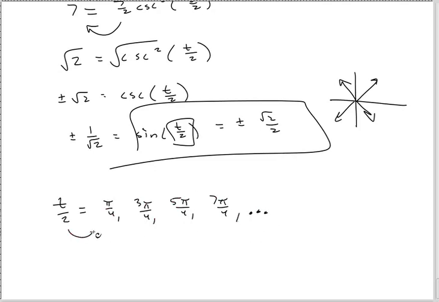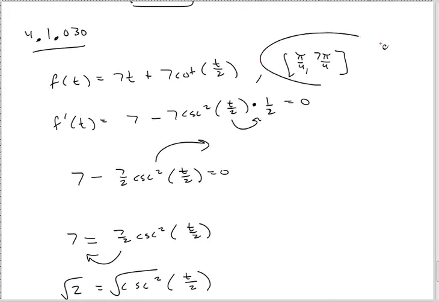I'm going to multiply by this 2 to the other side so I can get t by itself, which is what we need. So this is pi over 2, 3 pi over 2, 5 pi over 2, 7 pi over 2, and so on and so forth.